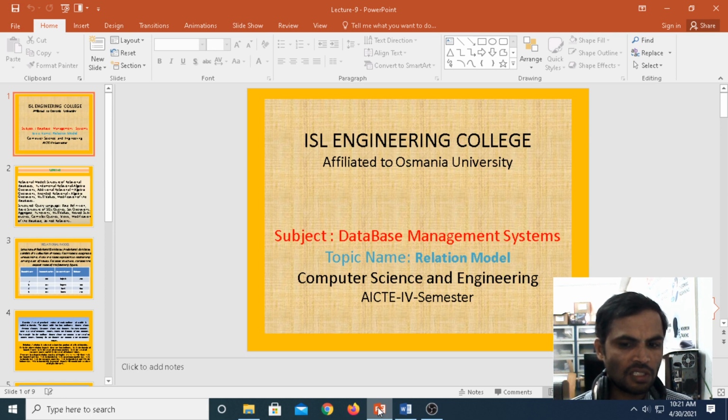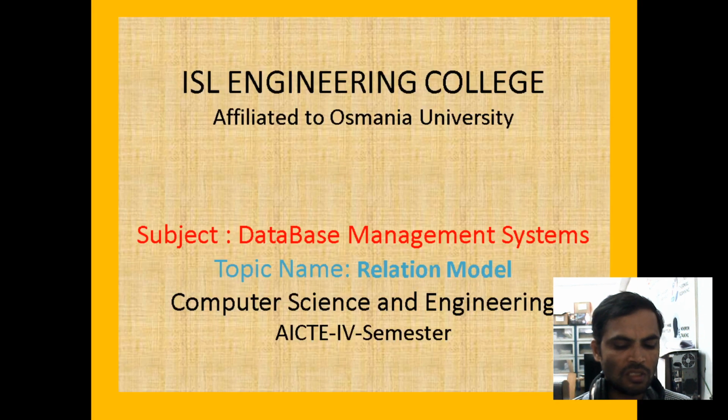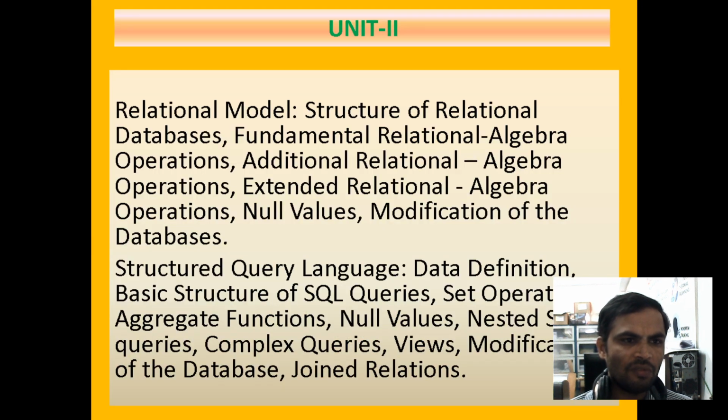Coming to the next unit, the second unit, you are learning about the relational model. Already you learned about the relational model under the data models. Now we are learning about the relational model briefly. Under the second unit, we are covering the structure of the relational database.